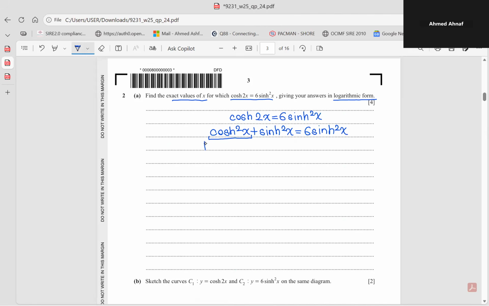Okay. 1 plus sinh square x plus sinh square x equals 6 sinh square x.